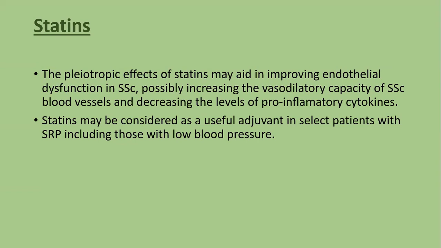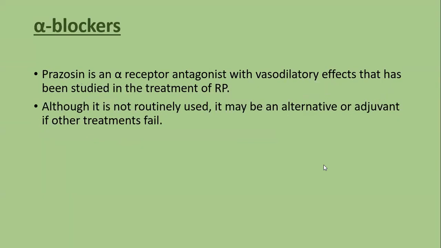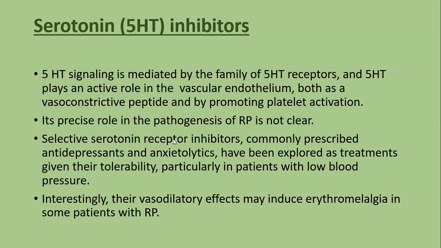Statins may be considered as useful adjuvants in selected patients with secondary Raynaud's phenomenon, including those with low BP. Alpha blocker: prazosin is an alpha receptor antagonist with vasodilatory effect and has been studied in treatment of Raynaud's phenomenon. It is not routinely used, but may be an alternate or an adjuvant if other treatment options fail.